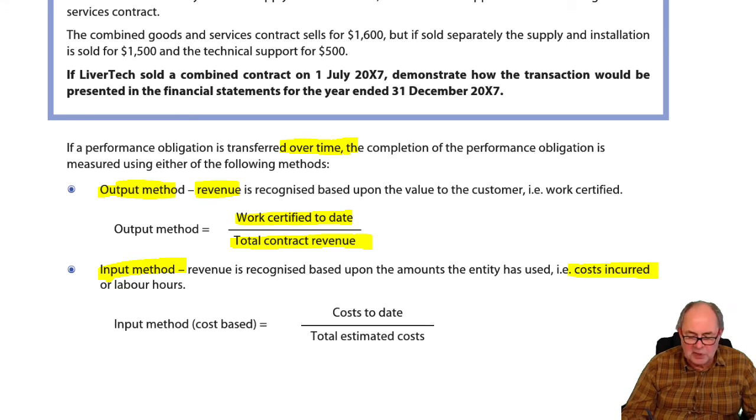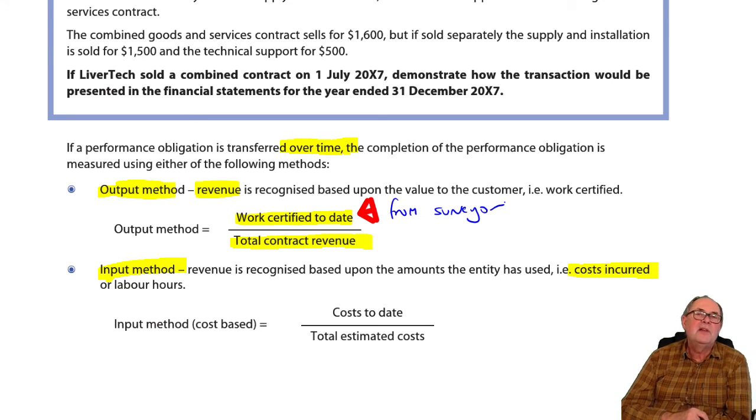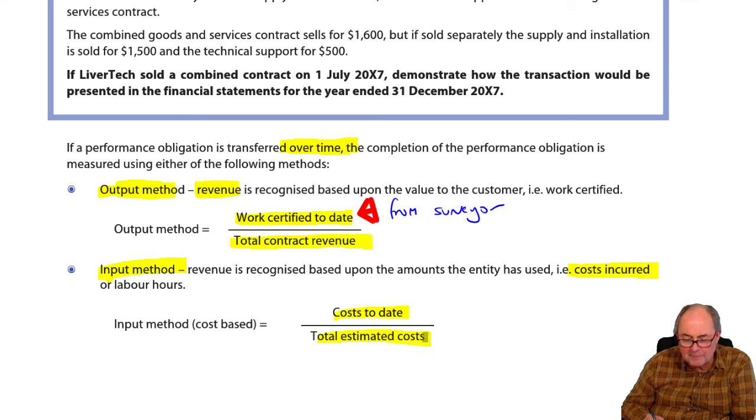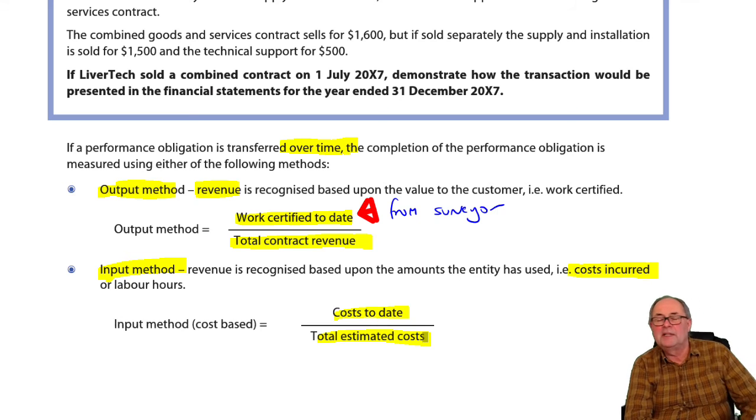This word work certified, again, this would be something that you would find out from something like a surveyor or independent arbitrator would say, this is the value of what you've done today. Or, as I said, you could look at the costs and compare them to the total costs. All sorts of possibilities there.